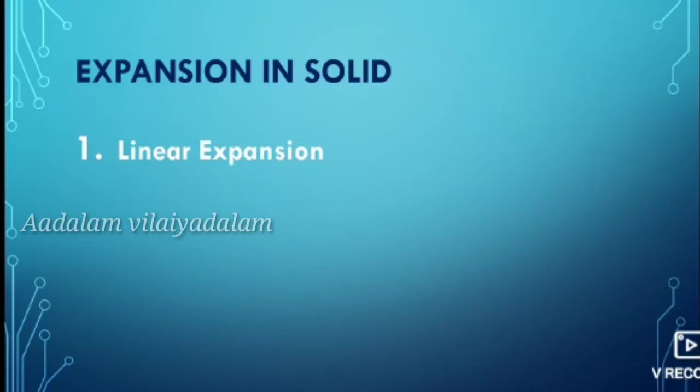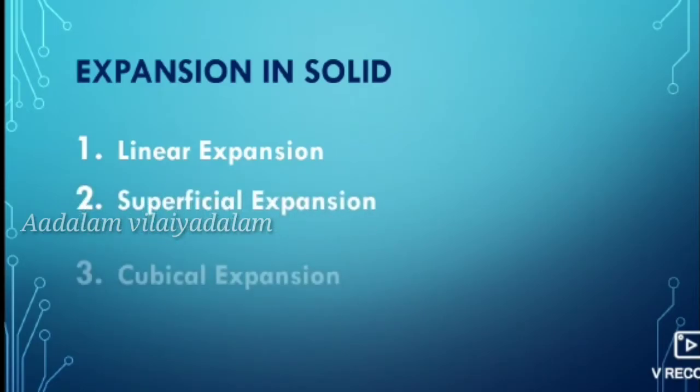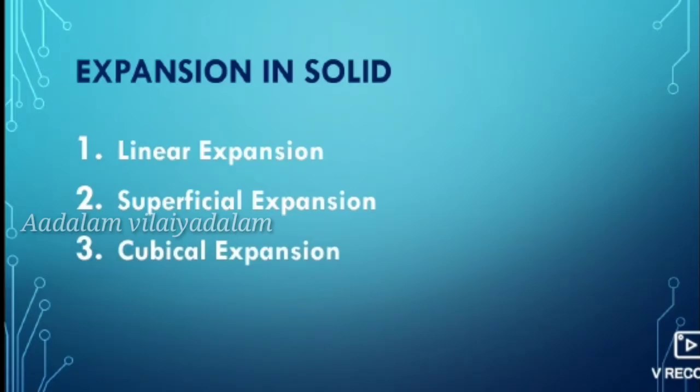The expansion of solid substances is smaller than that of liquids and gases due to the rigidity of solids. And there are different types of expansion of solids: first one linear expansion, second one superficial expansion, and third one cubical expansion.